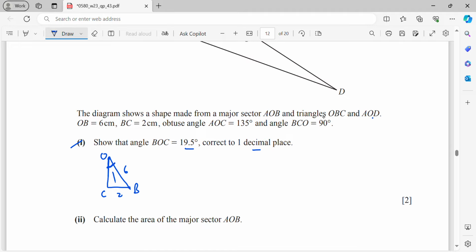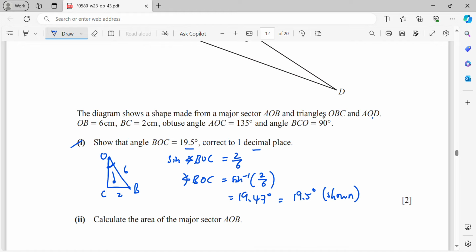You are given the opposite and the hypotenuse, so sine of angle BOC equals 2 over 6. Therefore, angle BOC is inverse sine of 2 over 6, which is 19.47 degrees. Correct to 1 decimal place, that is 19.5 degrees. So we have shown this angle.